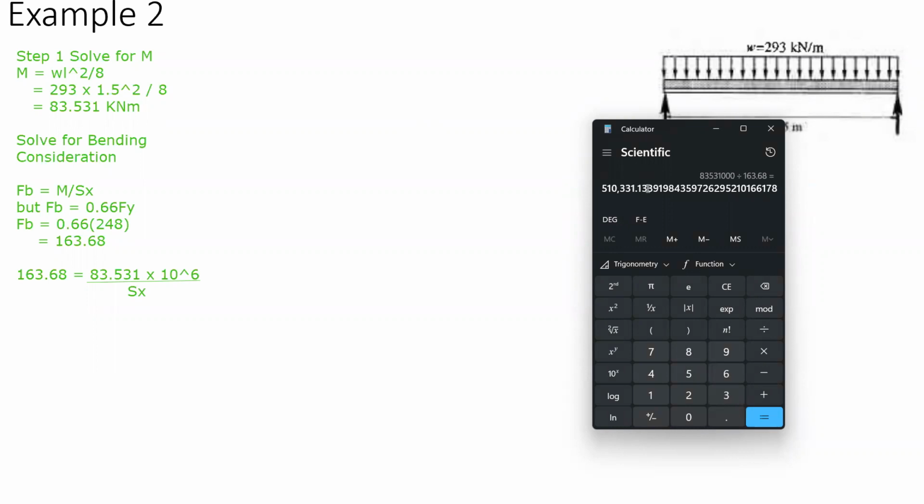So the value of our Sx would be 510,331.9, or you could round this up, 0.134.